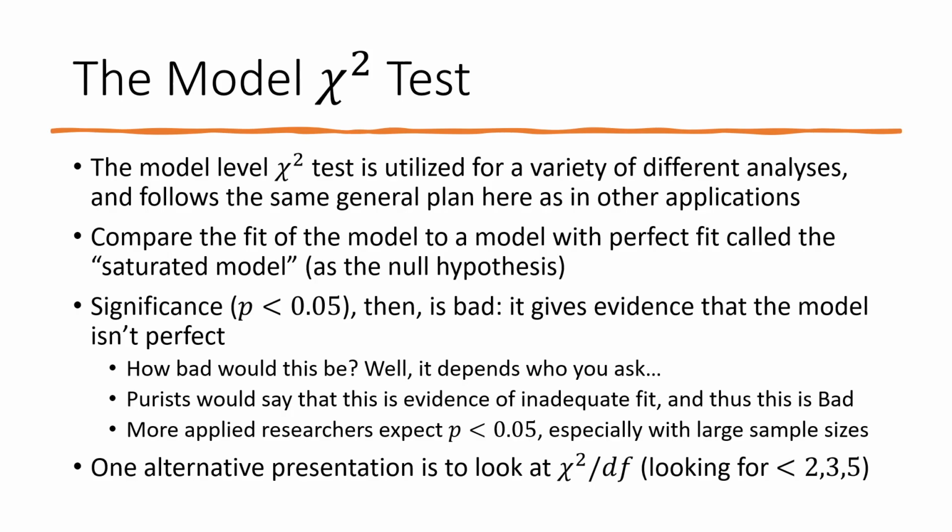I think there's common consensus that you're looking for a number that's not 10. So if you wanted to be relatively liberal with this, you'd probably be looking at below 5. That's probably the most liberal interpretation of this ratio I've seen. But again, I personally don't use this diagnostically, either in the model chi-squared test in terms of the p-value, because it tends to be so overpowered.